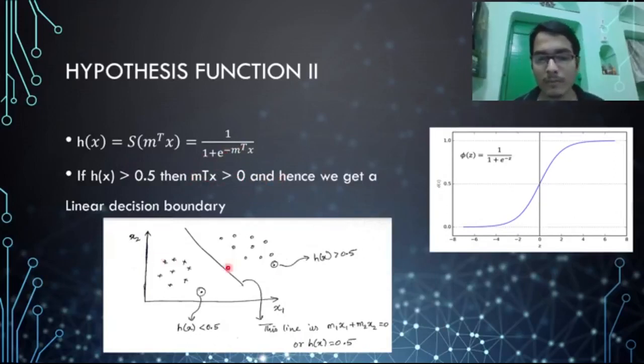So if we plot two features x1 and x2, note that we are not plotting any y here, we are just plotting the features x1 and x2, and on the basis of those features we are plotting the data points on our plot.